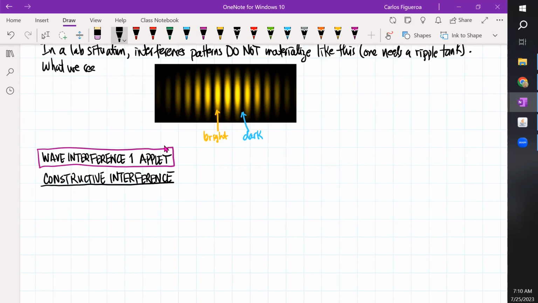Okay, so what I'm going to do here is isolate each of the m values along with their locations in the interference pattern. So here we go. Let me go share my screen.